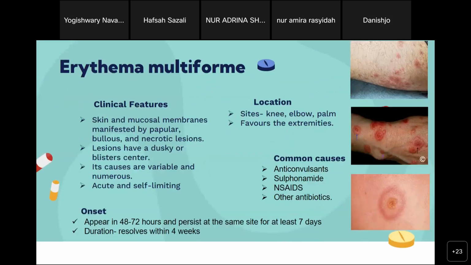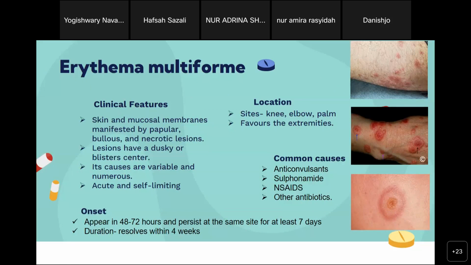Next will be erythema multiforme. These are skin and mucosal membrane manifestations with papular or necrotic lesions, and these lesions have a dusky center or blisters, like you can see in the picture here. There are several causes, and it is acute and self-limiting. You can usually see this at the sides of the knee, elbow, palm, and it also favors the extremities.